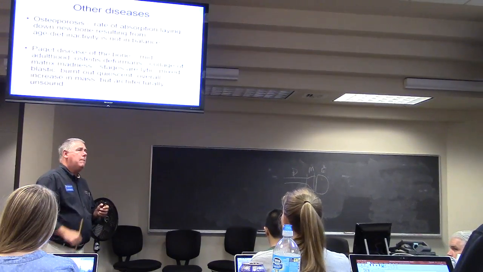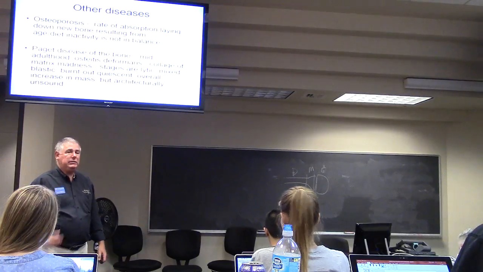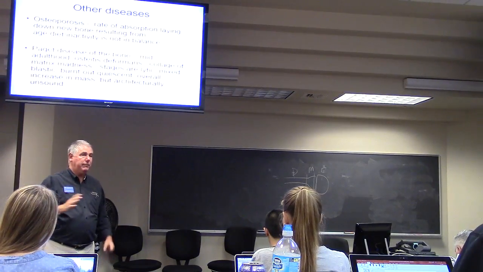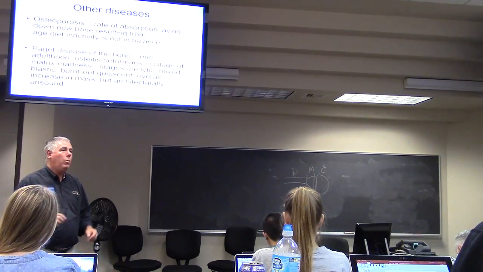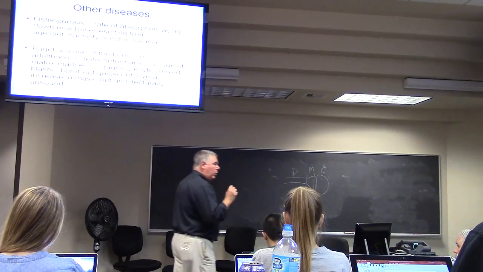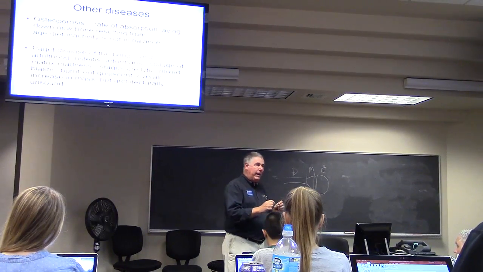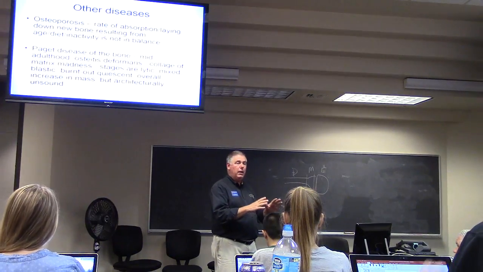Okay. Paget's disease of the bone is different than Paget's disease of the breast that we've talked about. It's a different process. Paget's disease of the bone is where the bone is laid down, but not according to the plan that I just described with the lamellae and the organization of bone.